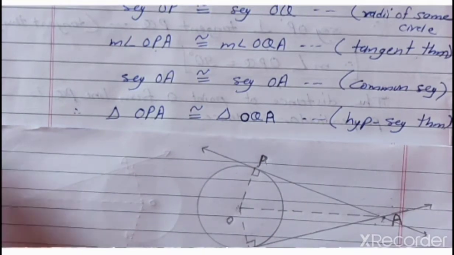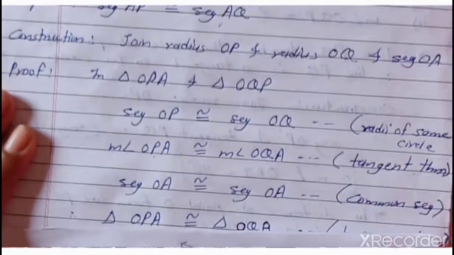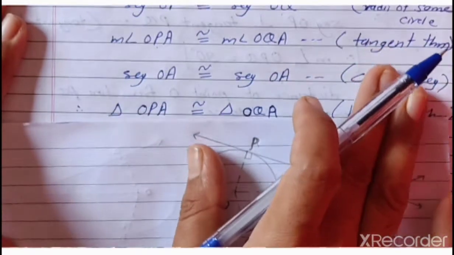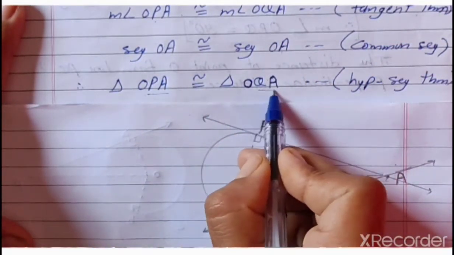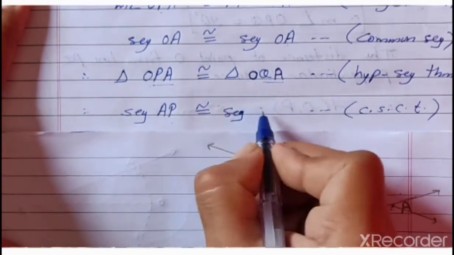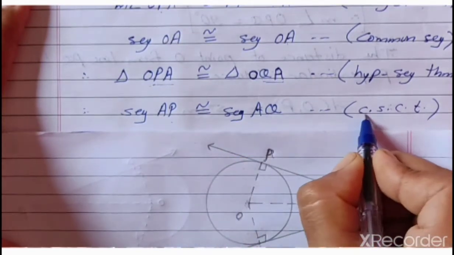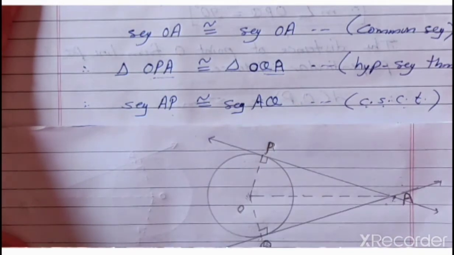If these two triangles are congruent, their corresponding sides are also congruent. Here we require AP with AQ. So let us find where is AP: second and third. Here second and third is AQ. So these two segments are congruent, corresponding sides of congruent triangles. Therefore this theorem is proved.